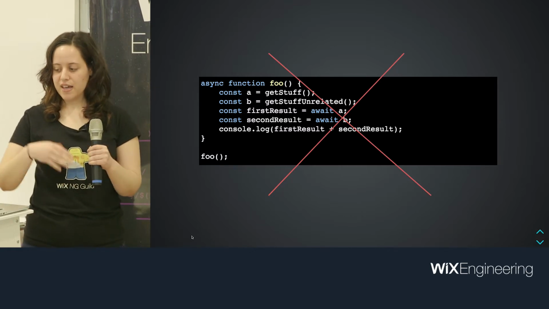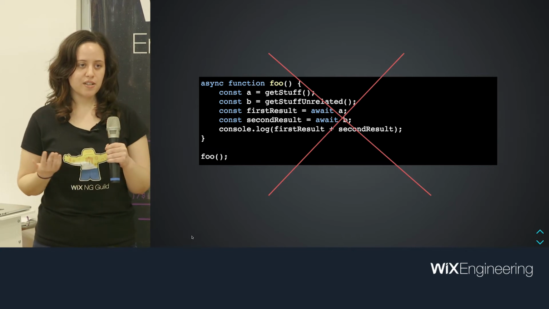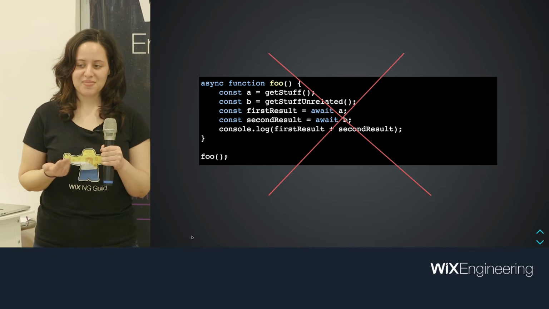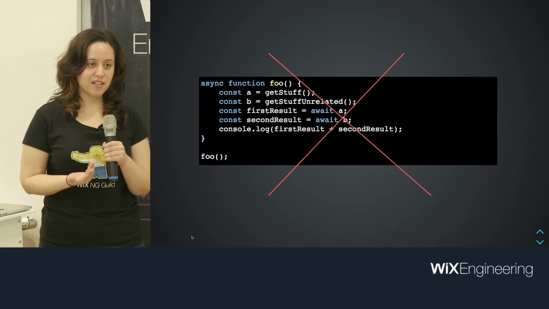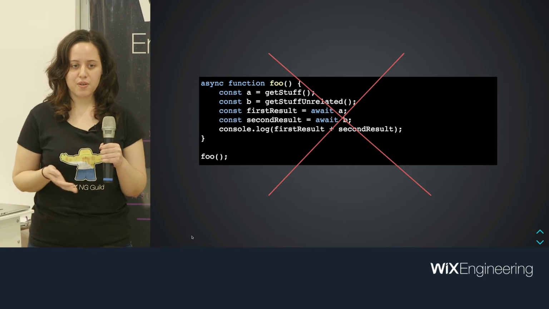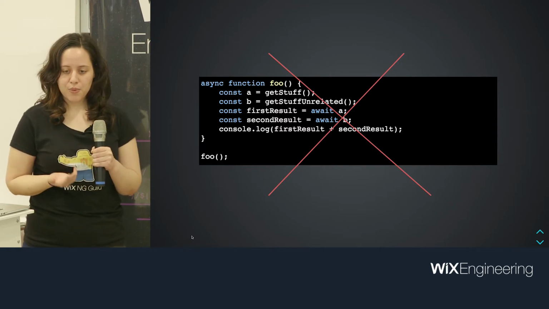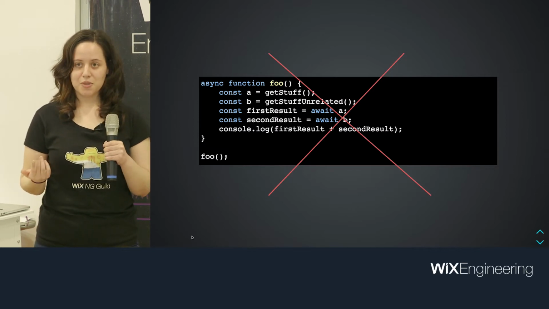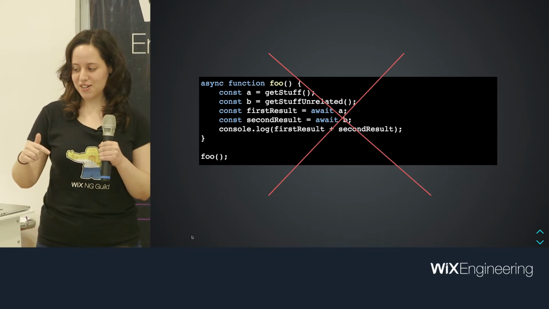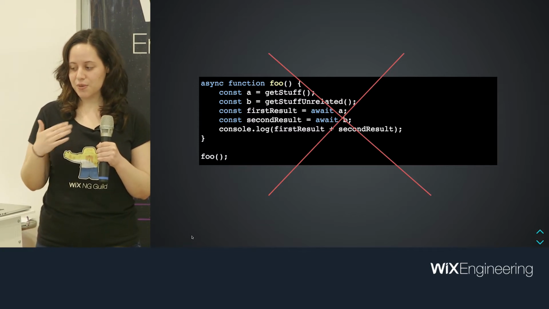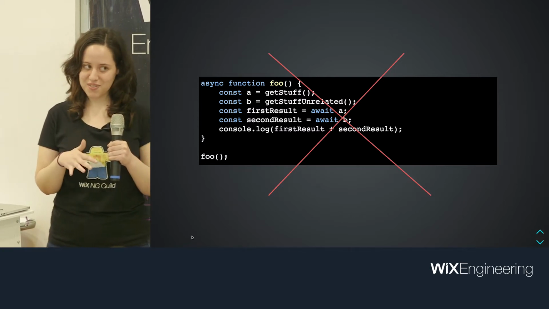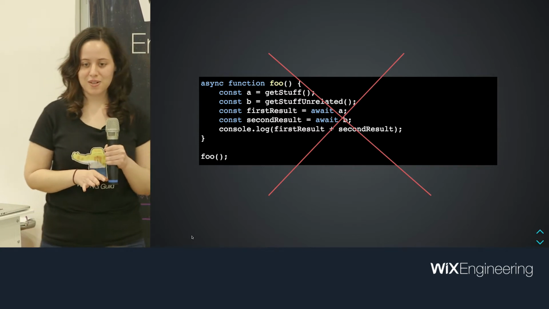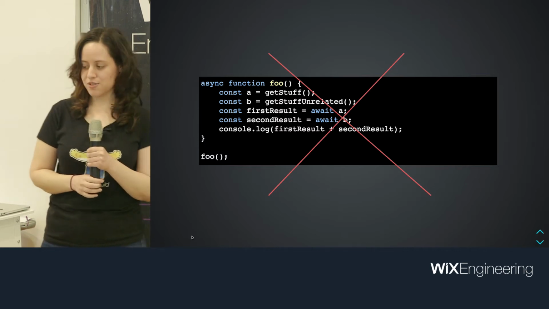Also, let's say A took 5 seconds to be resolved and B took like 1 second to be rejected. Then again, not only are we wasting time waiting for A, when actually we could just throw the whole thing, we will also get an unhandled rejection for B, which will be handled asynchronously after A was resolved, when we get to the point where we handle B. So both cases are bad, and there are also more.